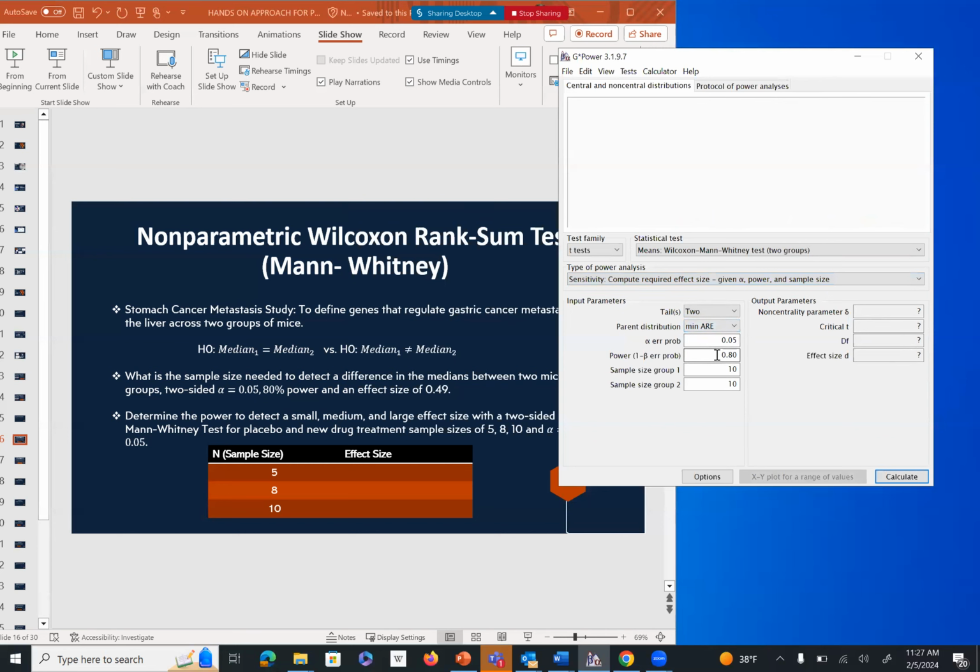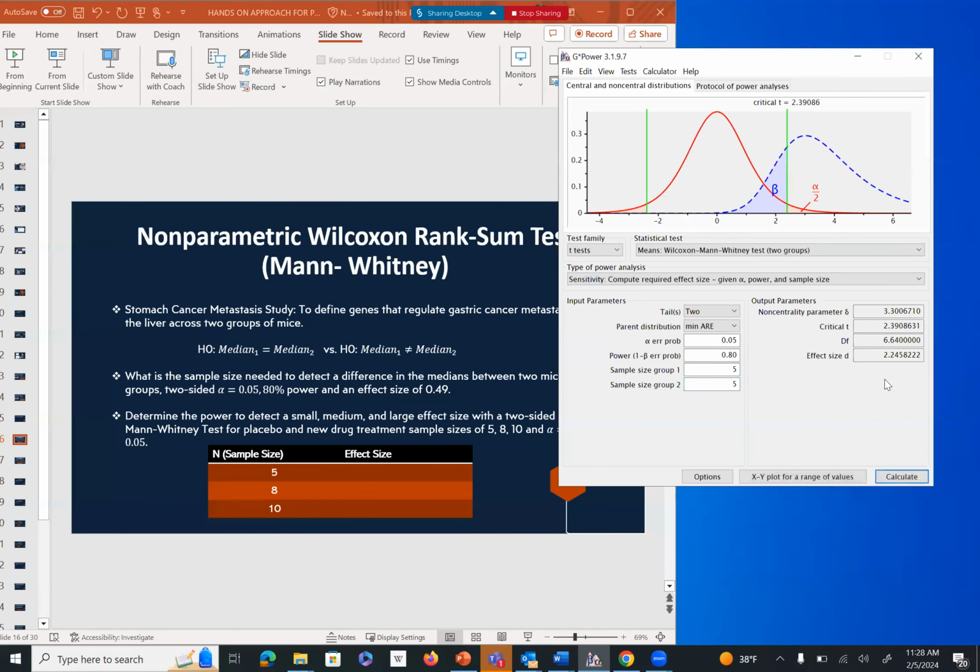And we have information on the power, which is 80%, but you can also increase the power to 90% if you want higher power, if you want to be able to detect more of the difference between the two groups. And then your sample size here. So let's say your sample size for group 1 is 5 and your sample size for group 2 is 5. You will need a 2.24 effect size, which is a very large effect size, pretty much.